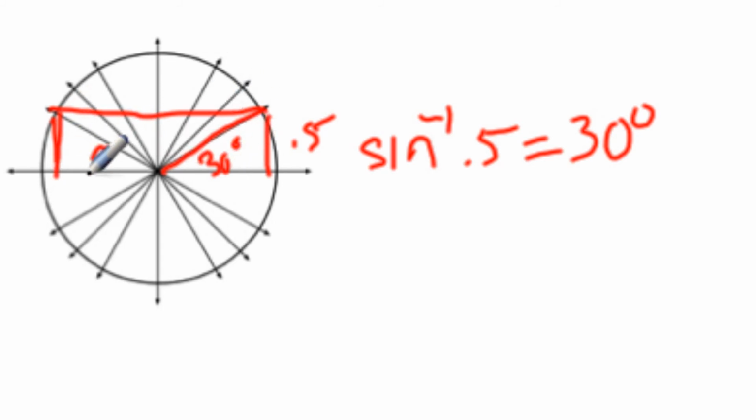It's like 30 degrees this way, but since we're noting angles from the x-axis, that's really 150 degrees. So the arcsine of 0.5 is 30 degrees and 150 degrees.